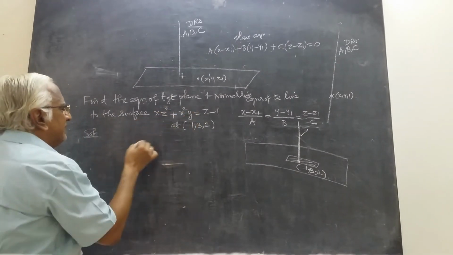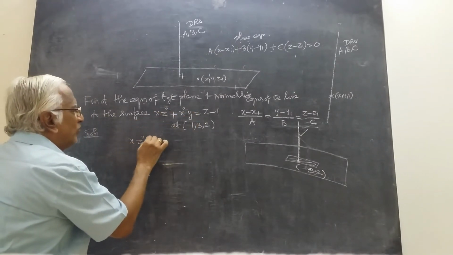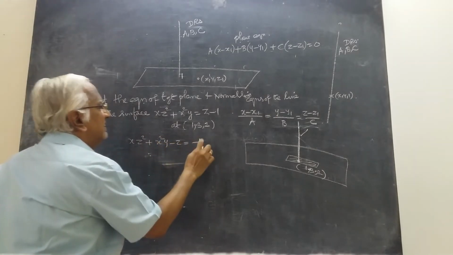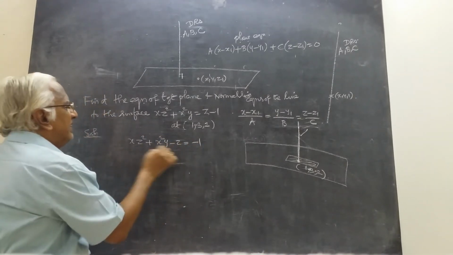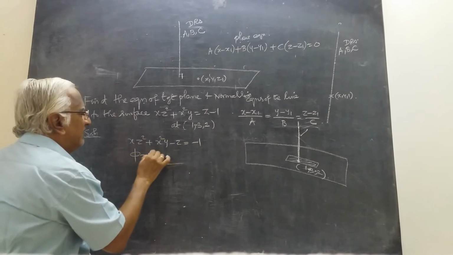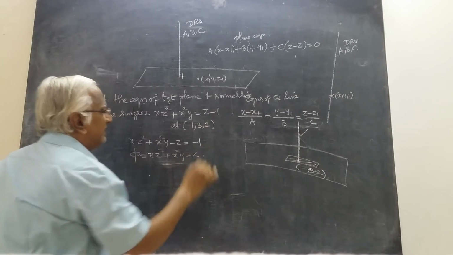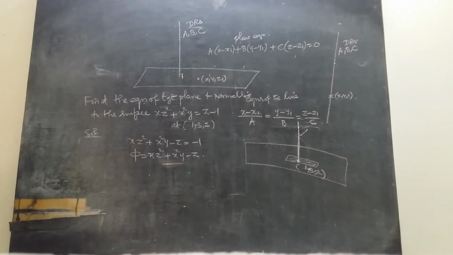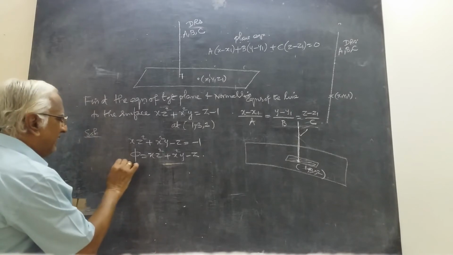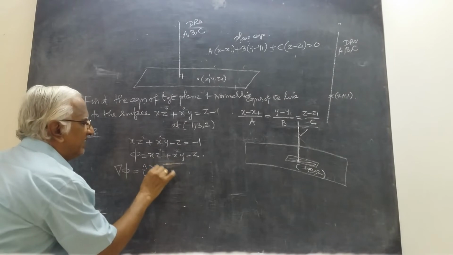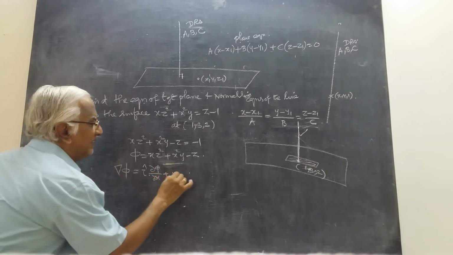Now in the surface, you bring all variables to one side and the constant to the other side. Let phi be xz square, x square y minus z. Now you find del phi. What is del phi? i dphi by dx, j dphi by dy, k dphi by dz. Phi with respect to x is z square, 2xy.